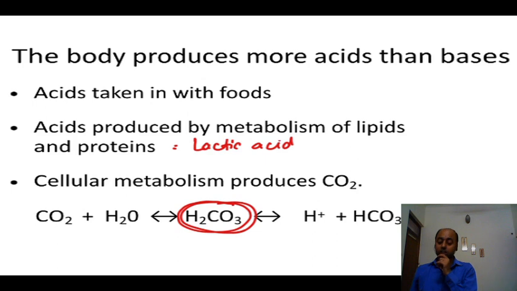So you can see continuously a lot of acid is being produced in the body, and this acid is going to try and change the pH, which we had seen was in the alkaline range. It was in the value of 7.4, which we said is the alkaline range. It will try to affect that pH.